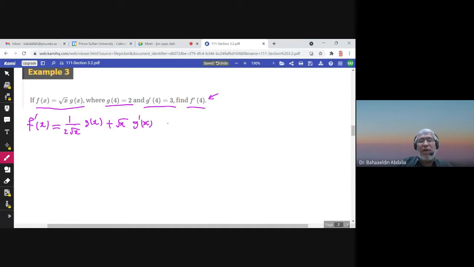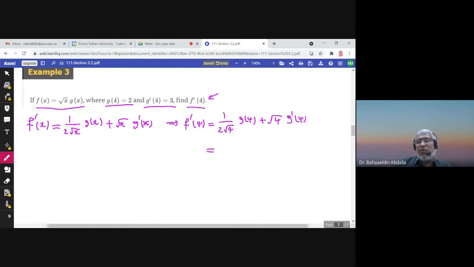Well, this is f prime of x, but I need f prime of 4. Good. So I will replace x by 4. So here I will have 1 over 2 times square root of 4 times g of 4 plus square root of 4 times g prime of 4.